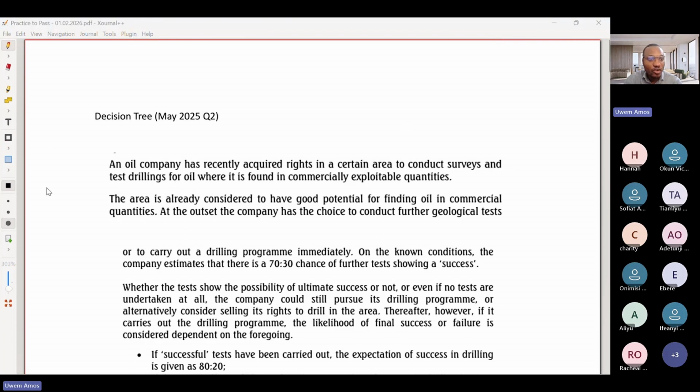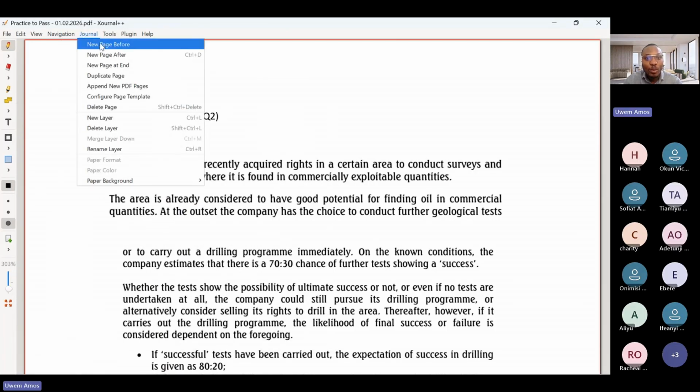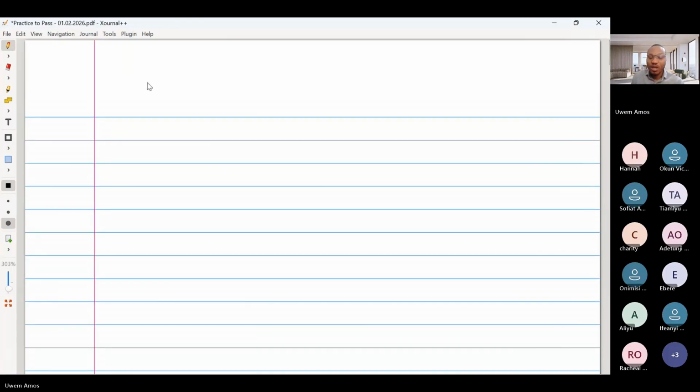So when it comes to decision tree as a topic, there are 3 things you should know for the purpose of your exams. The 3 things you should know are: 1, the symbols that we would use to annotate or draw our decision tree. 2, the direction we will adopt in drawing our decision tree, as well as the direction we adopt in evaluating the tree.